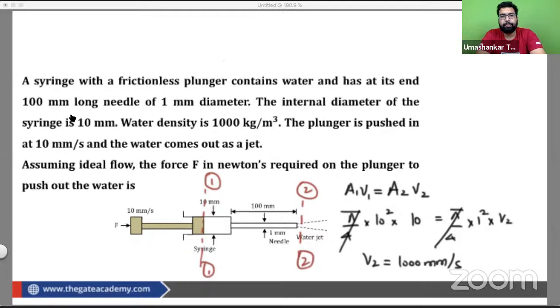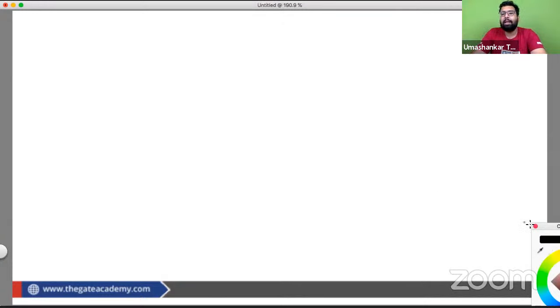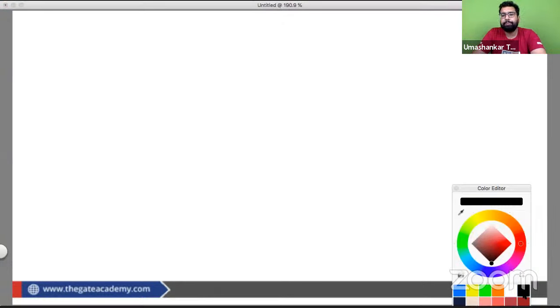Now, this is the fourth concept of the day. Now, I'm going to give you one last concept for the day, so we'll call it the fifth concept. Sometimes they use a manometer to tell you the pressure difference.